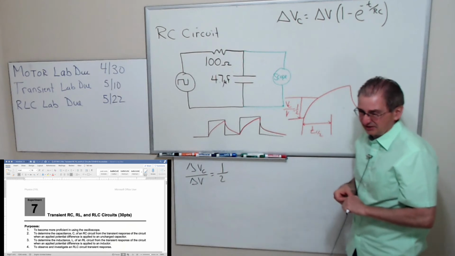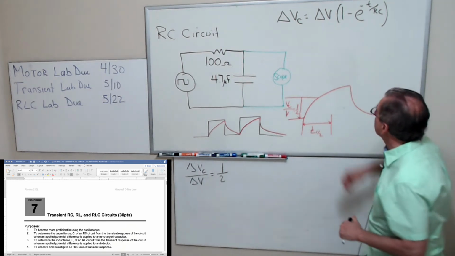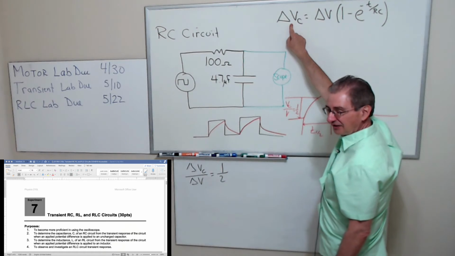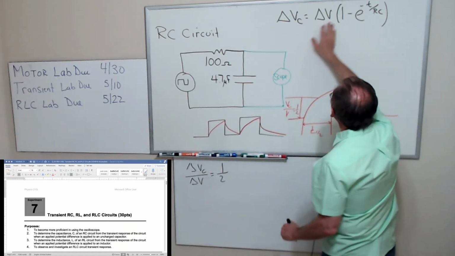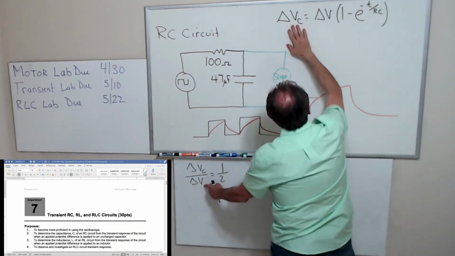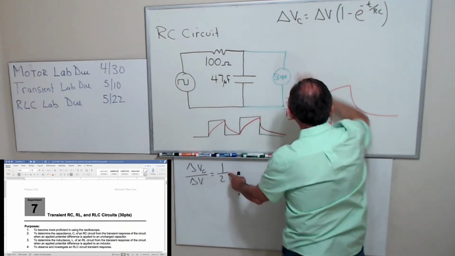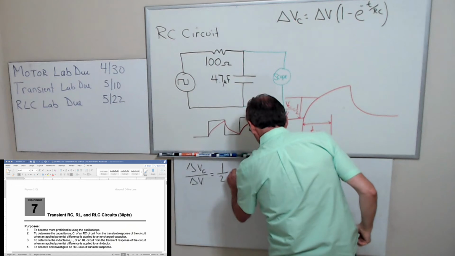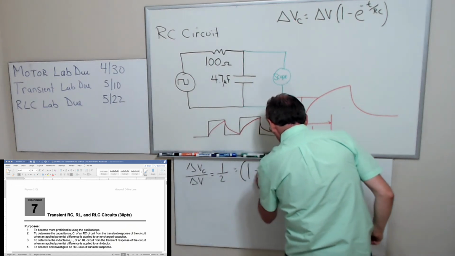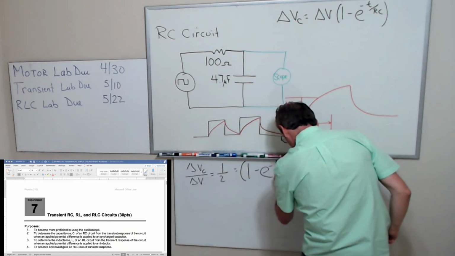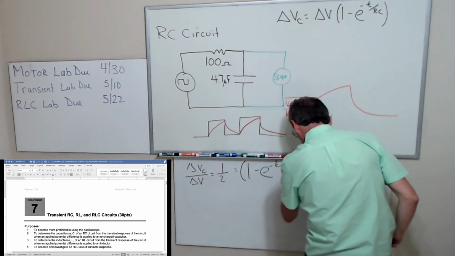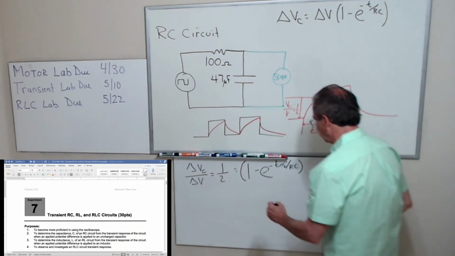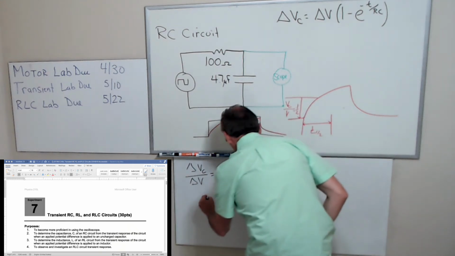But otherwise, it's arbitrary. You can make this 4 and this 2. Still going to work, right? So I divided both sides by the power supply voltage and set it equal to 1/2 because we're trying to find this time in which this occurs. Okay, I'm going to do 2 steps at once, if you don't mind. And I'm going to get the following.